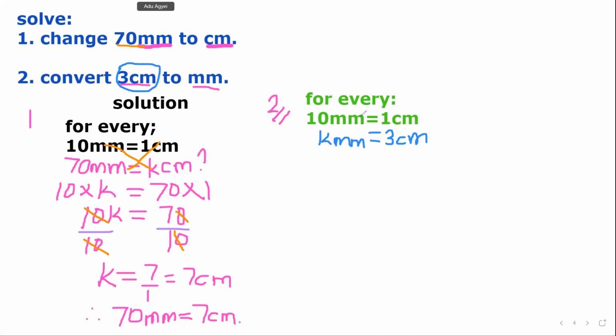So let me do the cross multiplication, which means the 10 here, the coefficient of the millimeters, will multiply the 3 here, and then the 1 here will multiply the K. So now we have K times 1, which is equal to 10 times 3.